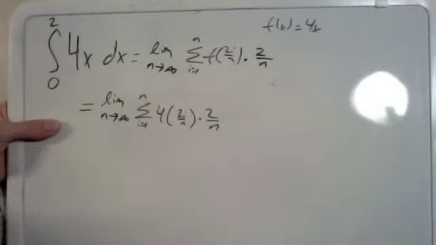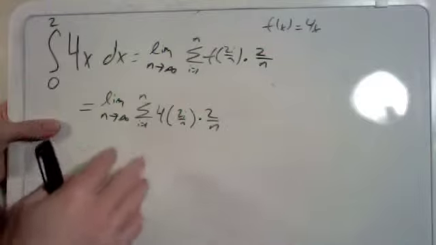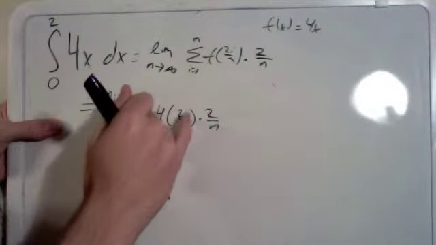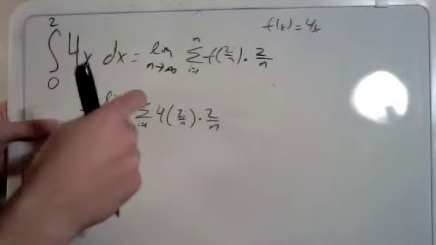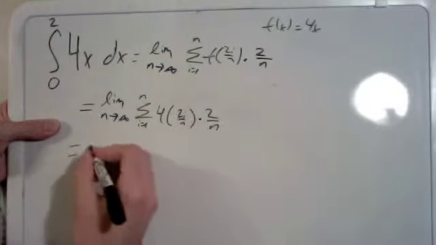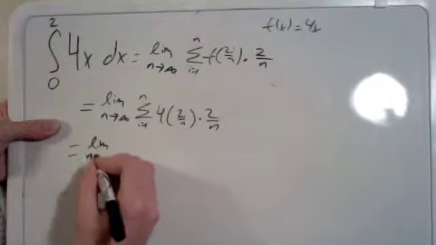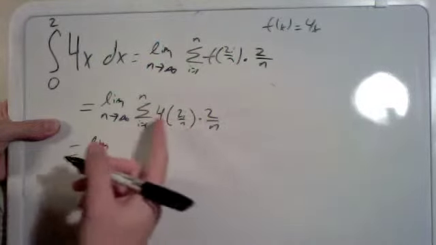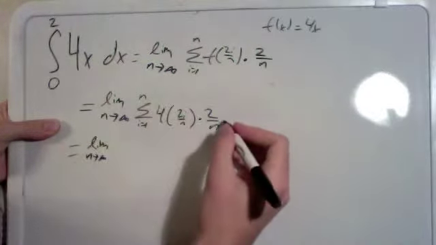You'll remember in the lesson we talked about how we want to get this i by itself inside the summation. So what we're going to do is write this.